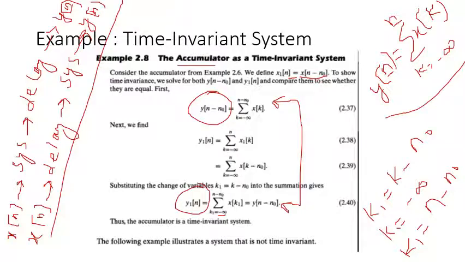So all you need to do is delay the input and delay the output and check whether the output is the same or not. Okay, let's move on to the next slide.